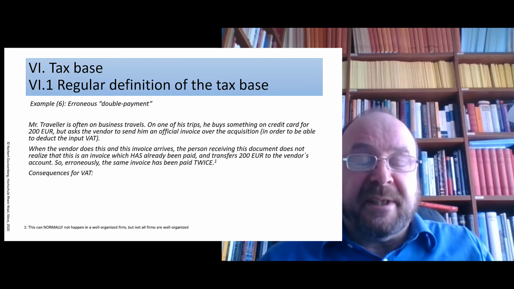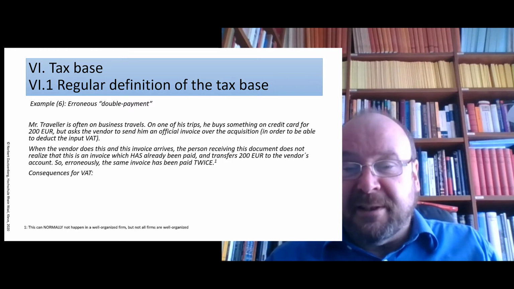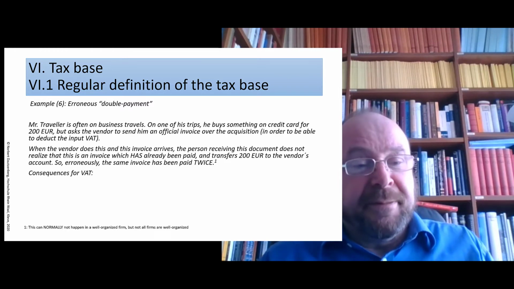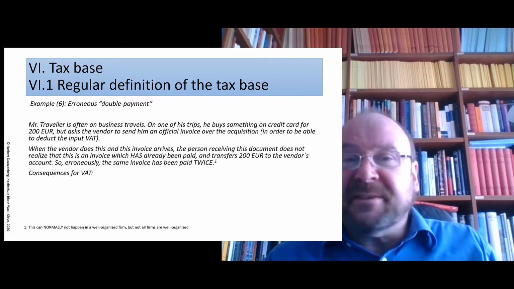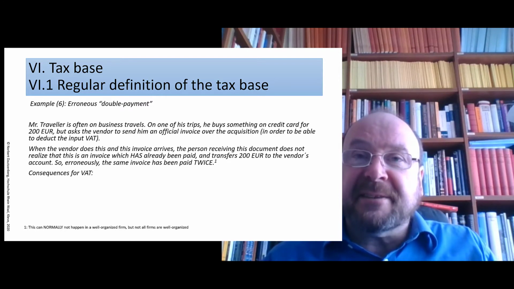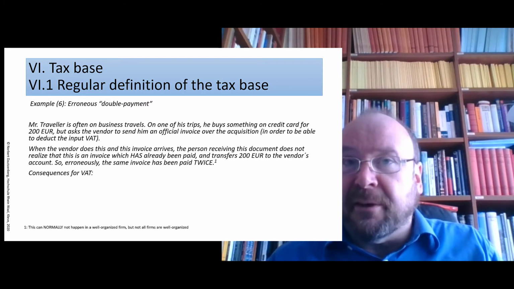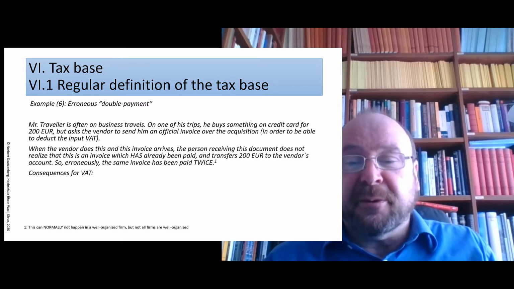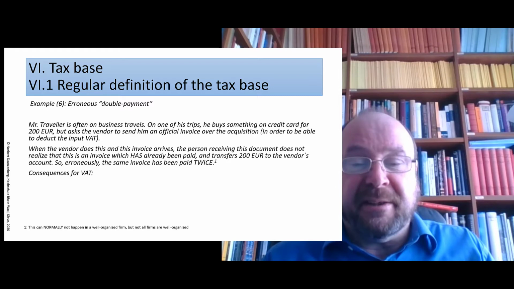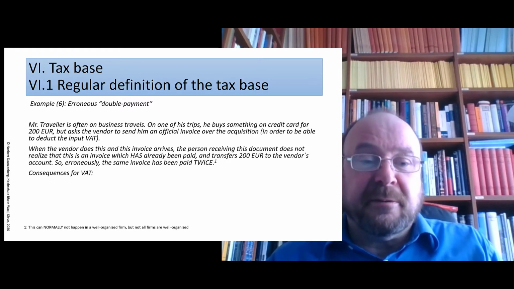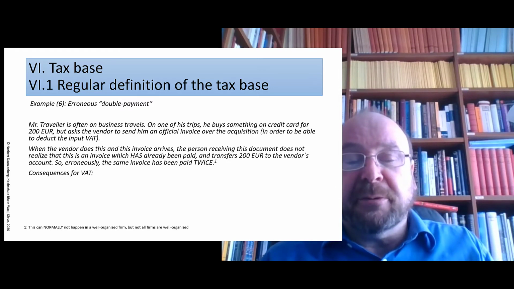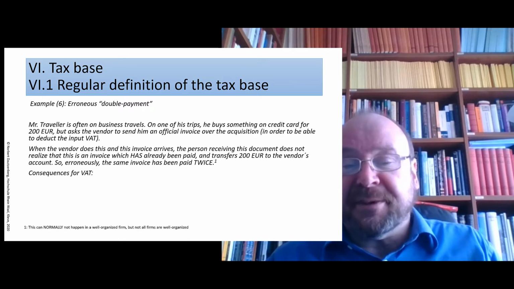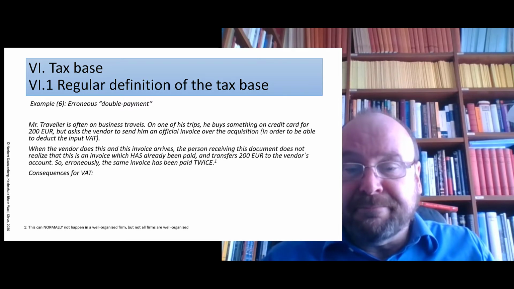And so the person having that invoice in his or her hands does not know that this invoice has already been paid by credit card, and so transfers the 200 euro again in the name of the vendor from the vendor's account. So erroneously, the same invoice has been paid twice.